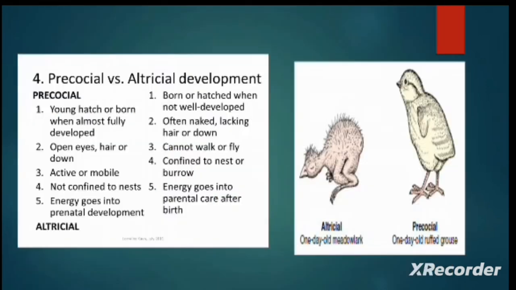So let's go back to precocial and altricial. If they ask you what type of development this is, they'll give you a picture of animals, like in this diagram on my right-hand side, and ask whether this is altricial or precocial development. So you look at whether the offspring is developed.